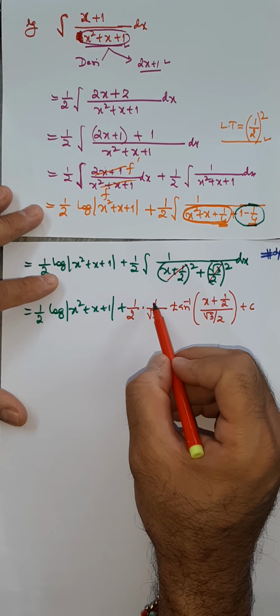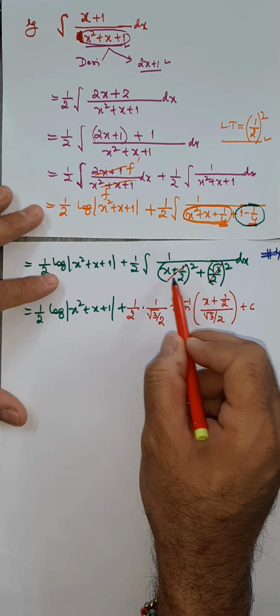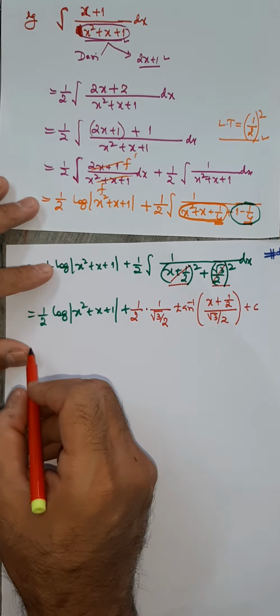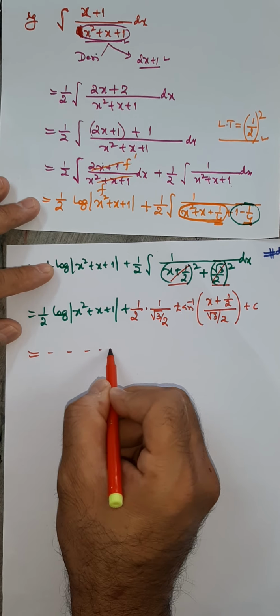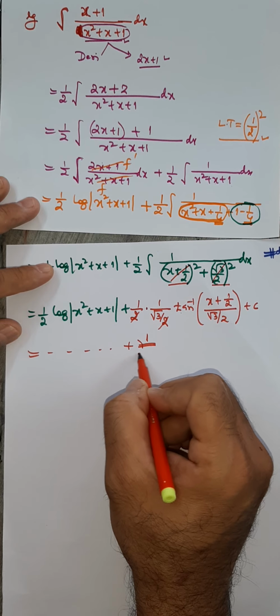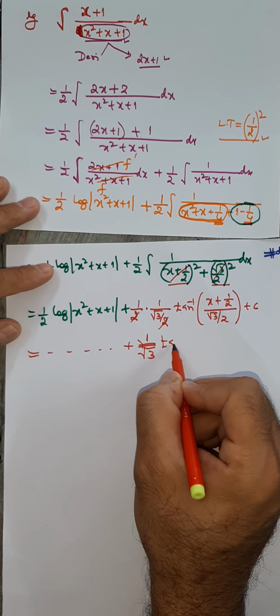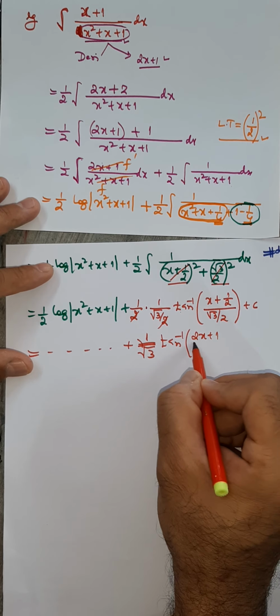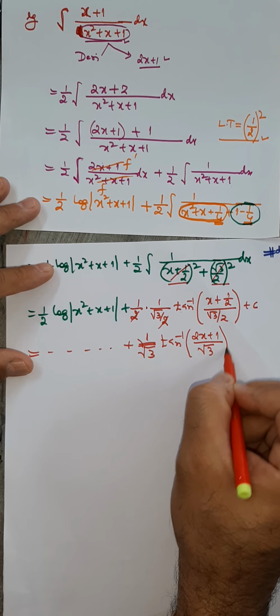The 1 by 2 as it is, you can just copy it. This 2 will go away. This is just 1 by root 3 tan inverse of 2x plus 1 upon root 3 plus c.